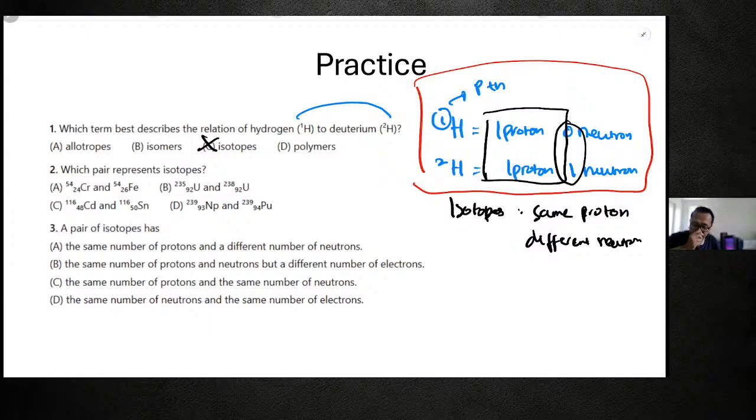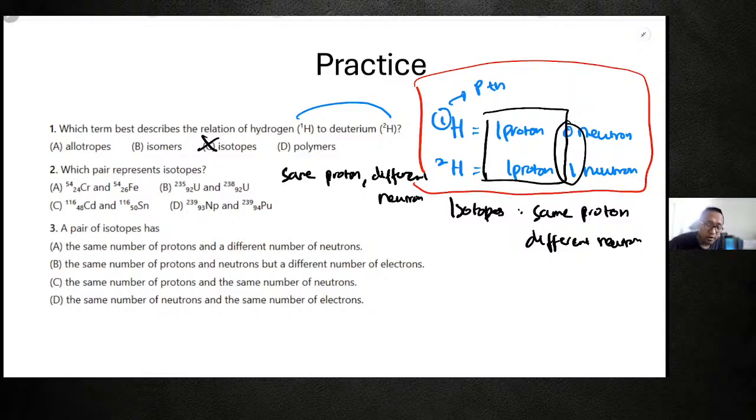Another question, number 2. Which pair represents isotopes? To find isotopes, we look for the same protons and different neutrons.